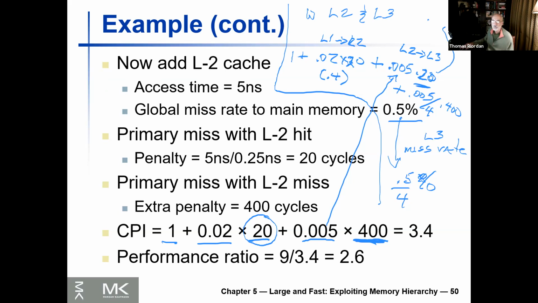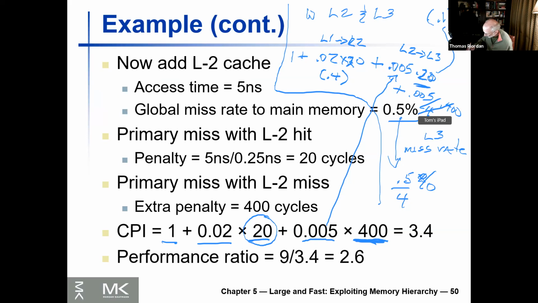0.005 times 20. Make sure we don't make any mistakes here. That's 0.1. So that's 0.1. And then finally, the 4s here cancel.